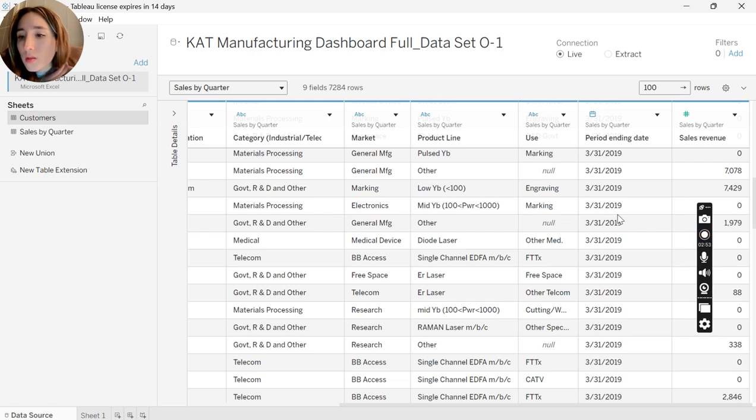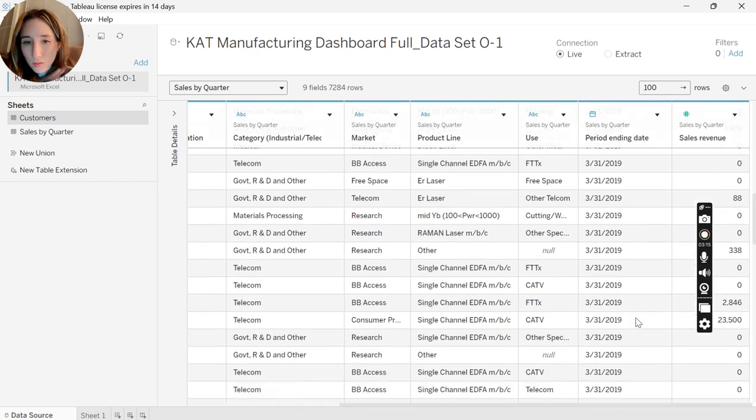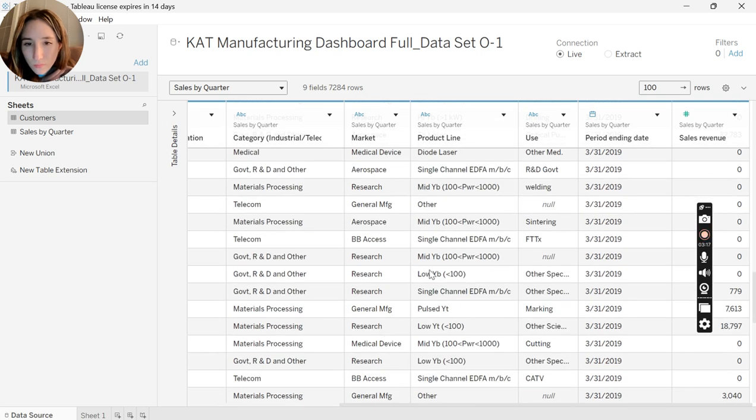And then finally, for 2020, what is the top product line in sales for the company? To find the top sales product line, you can stay in this box and add the top product line as low as anything listed with Low YB less than 100.